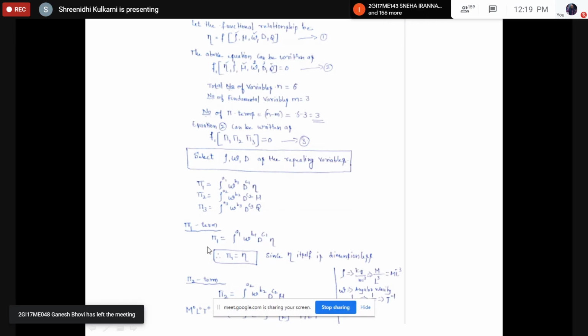See, here directly consider pi 1 is equal to efficiency, because efficiency itself is dimensionless. Since efficiency is unitless, directly I can write the pi 1 term as efficiency. I think you will agree with this pi 1 term.